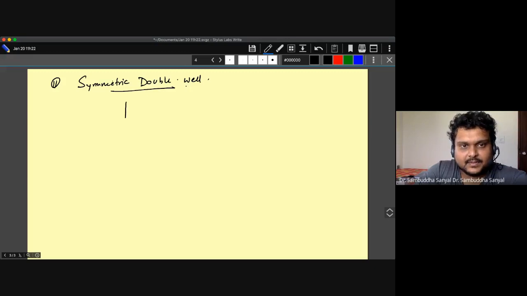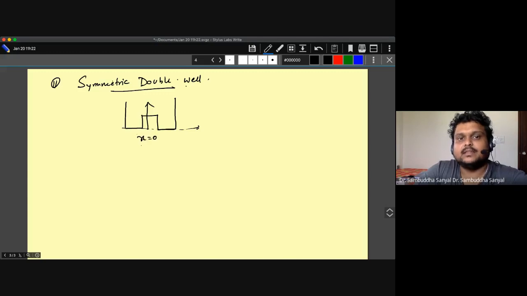So what is a symmetric double well? I have a potential like that. This is my origin, x equal to 0, and this has the symmetry V(x) equals V(-x). Now I know what the eigenstates are. The lowest eigenstate is this, a symmetric eigenstate.